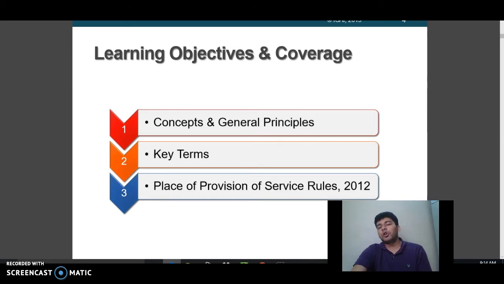Now, if there were already rules to deal with this, why was there a need to bring in the place of provision of services rules? The reason is that there are certain transactions which had a probable existence in the taxation area but were not getting covered due to the constraints in the rules.